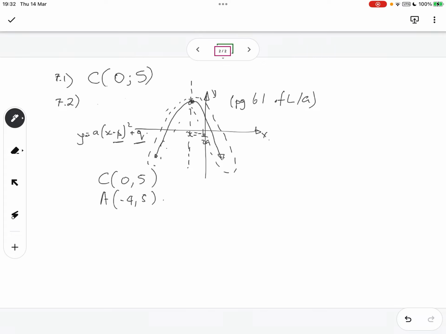Okay, A is -4, 5. If we have these 2 points, then we have, okay, but we're not given roots. That's the thing.